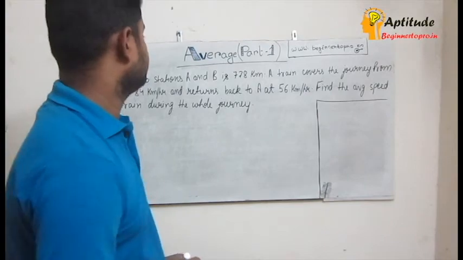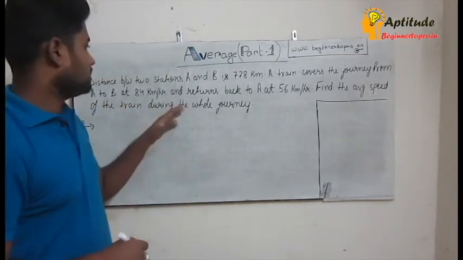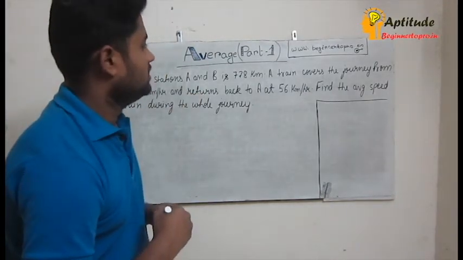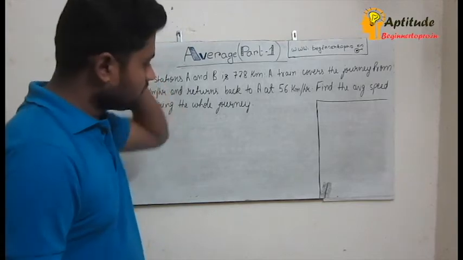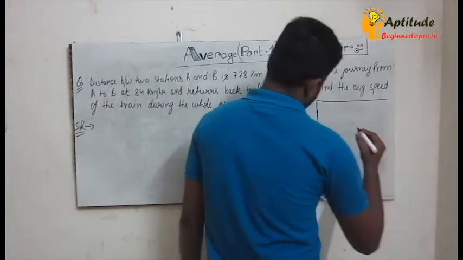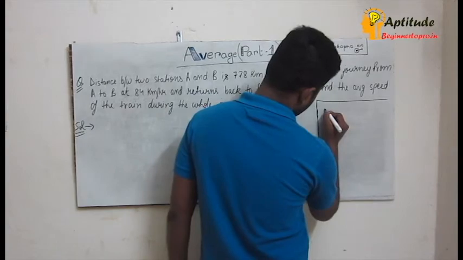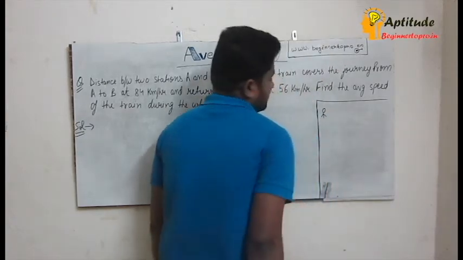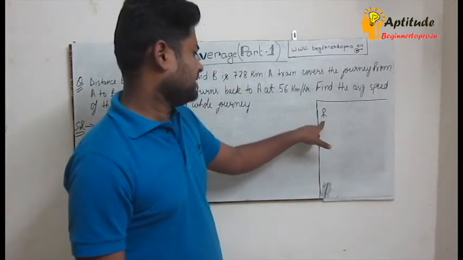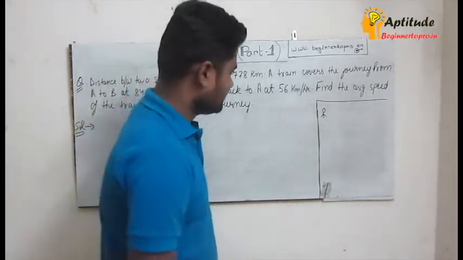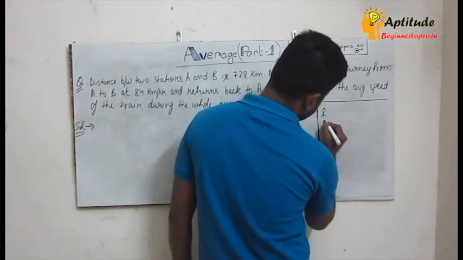Okay, we will see another question. Before solving this question, I'm going to discuss one concept. See, suppose this is a man or woman, so let us assume this is one person.